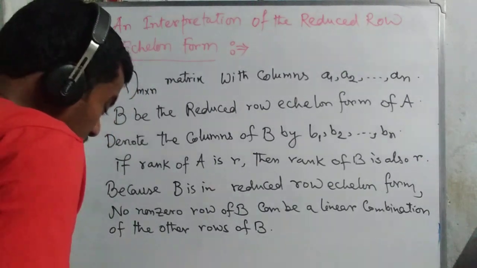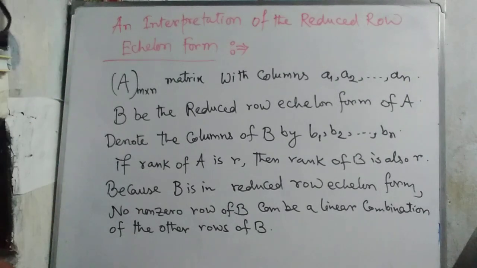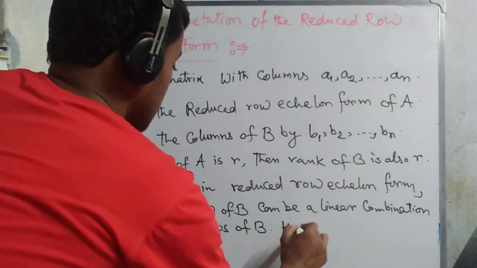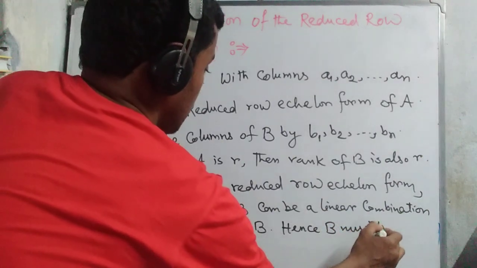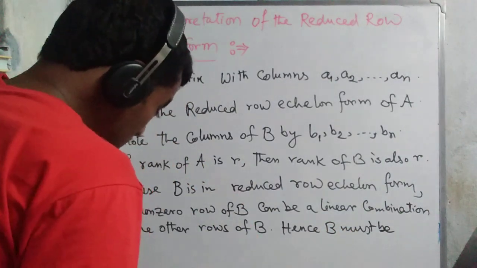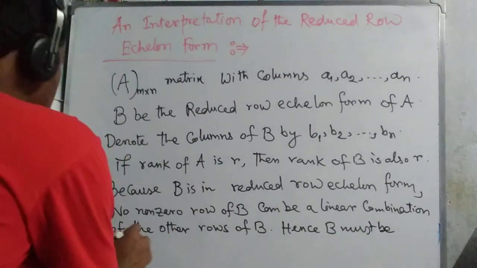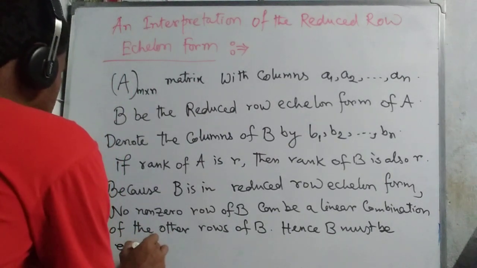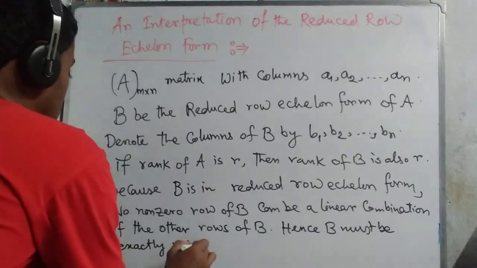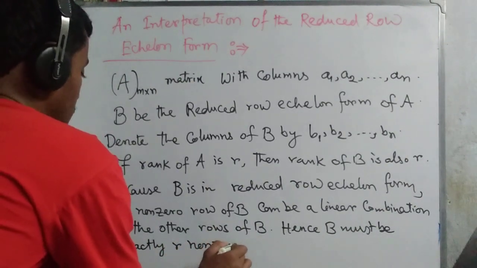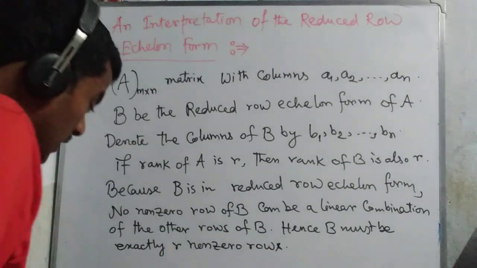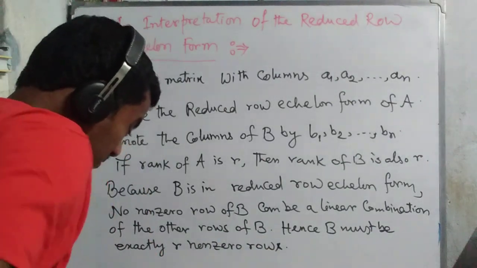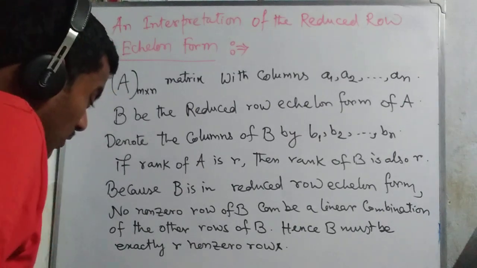Hence B must have exactly R non-zero rows. Then what happened?